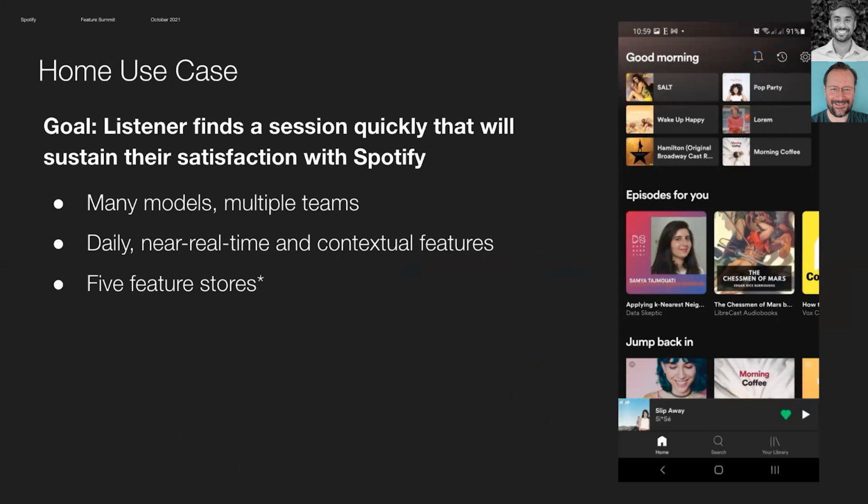I put an asterisk next to the 5 feature stores because we actually use more than that. Some are just not designed as feature stores. One of the things we're trying to do is contain the blast radius. Machine learning models require data from all over the place. We basically use data from all over Spotify in Home, but you don't want to depend on that in production, because we're trying to contain the blast radius.